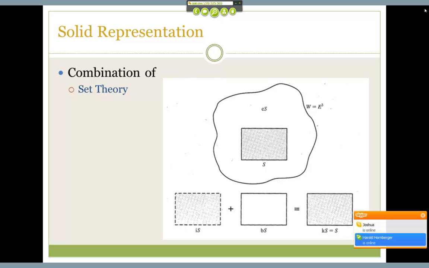So we have this block in there, and for it to be represented as a solid, it has to have all of the inside, so the IS is the interior of the solid, plus the BS, which is the boundary of the solid, and those two combined will give you a closed solid.